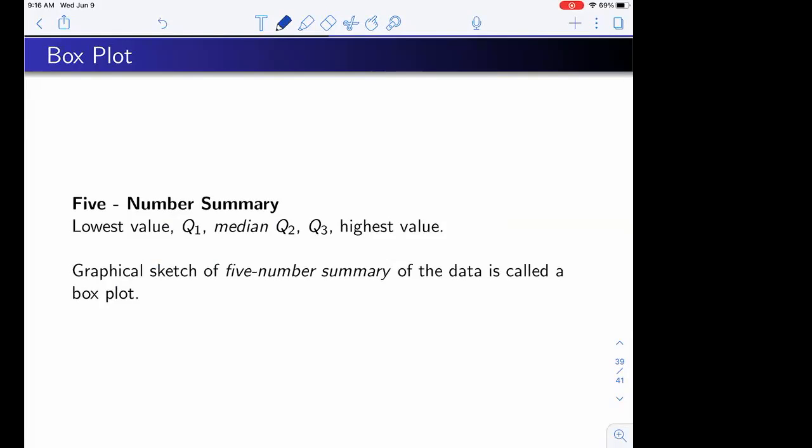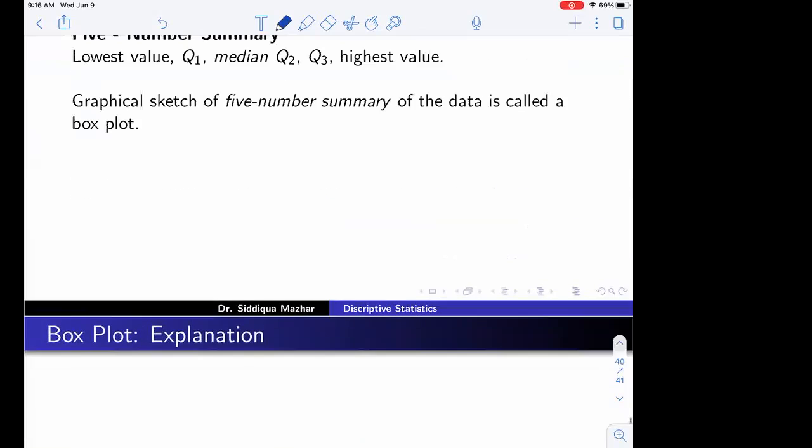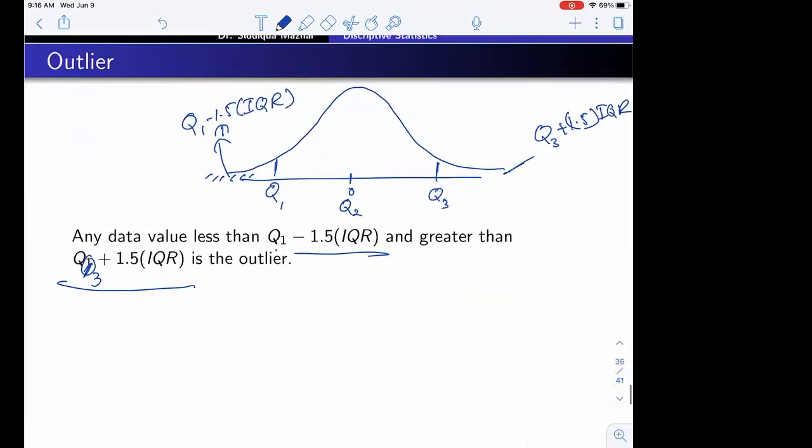The 5-number summary is just like quartiles: in the given data, you have the minimum, the maximum, and also the quartiles Q1, Q2, and Q3. If you make a graph of these values, that graph will give you the box plot.